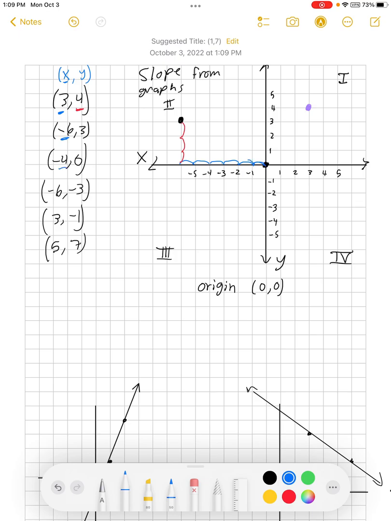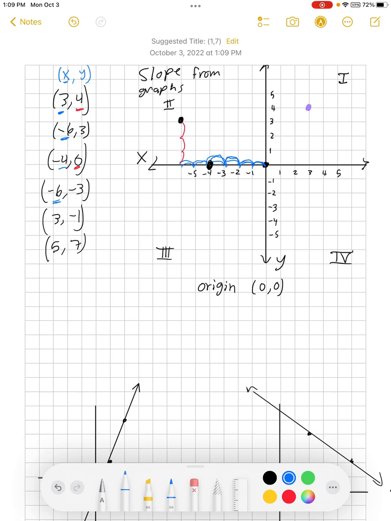We're going to go over -4. 1, 2, 3, 4. In this case, we don't move up or down at all because we have a 0, so our dot is going to be on the axis itself. Let's keep going. We have -6, so that means we're going to go over 6. 1, 2, 3, 4, 5, 6.